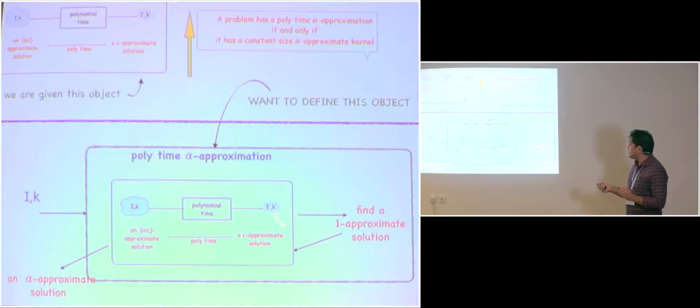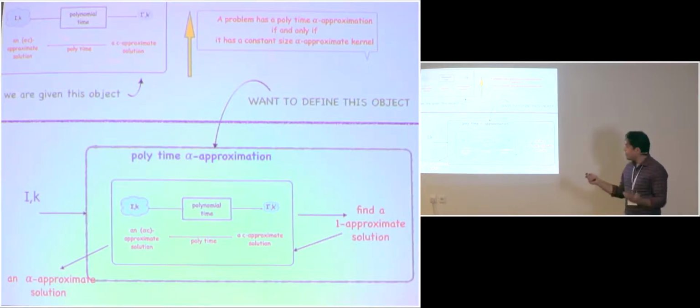Now I'm going to take this constant size instance, and in constant time, find an optimal solution, which is nothing but a 1 approximate solution. So c here is 1. Once I plug it back here, the promised object guarantees that in polynomial time, we can compute an alpha c approximate solution. Since c is 1, this is an alpha approximate solution for I, which can be returned.